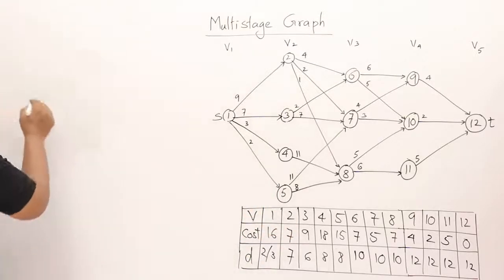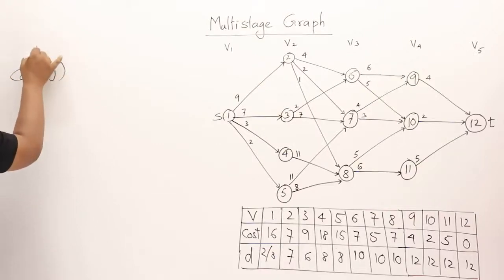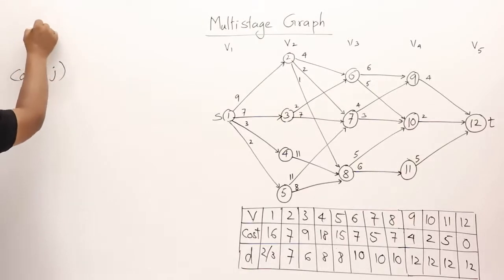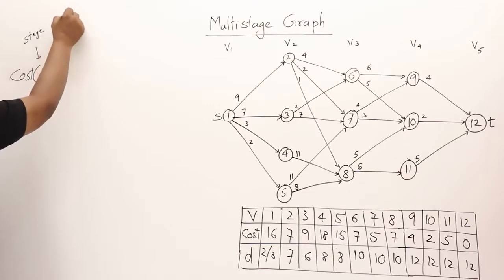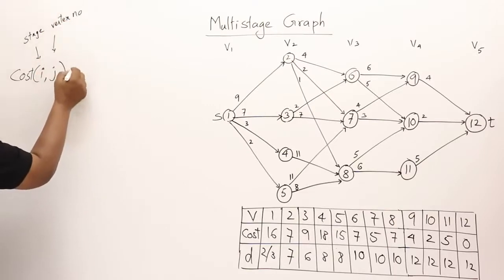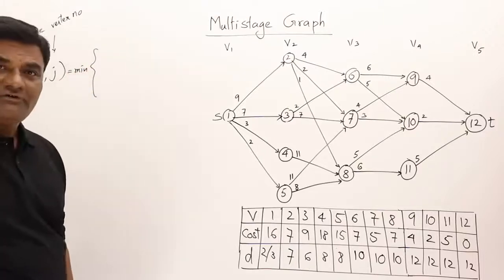We were finding it like this. Cost of ith stage jth vertex. This i is a stage number, right? And this j is a vertex number. So this was minimum of, I was taking minimum of what?